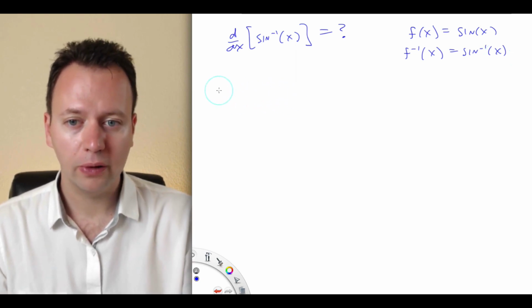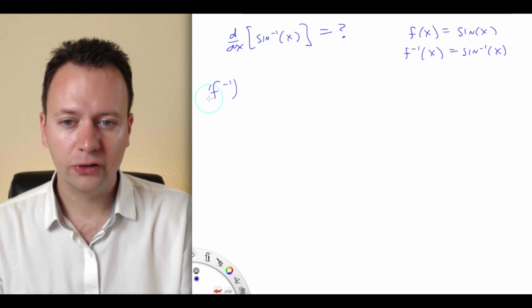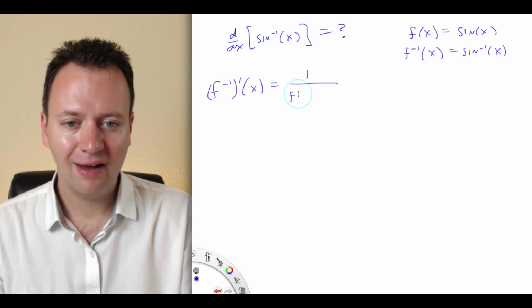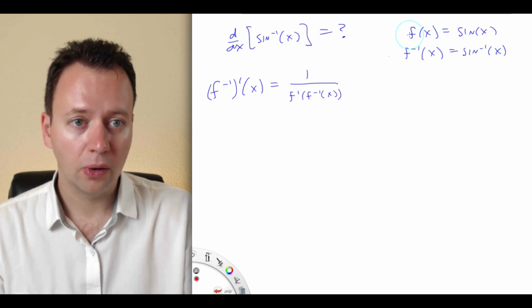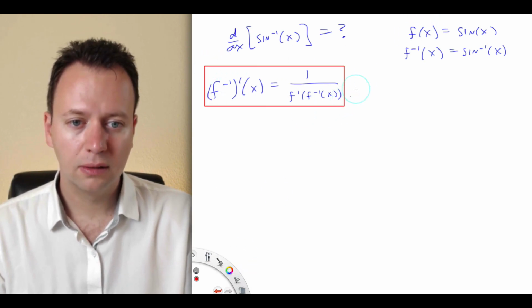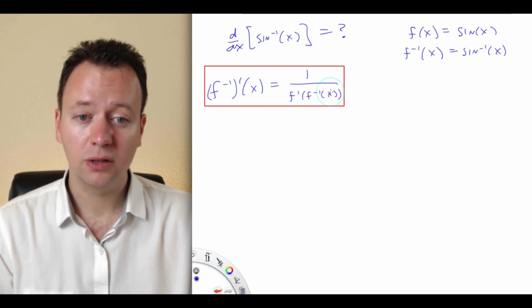And our general rule states that f inverse prime of x is equal to 1 over f prime of f inverse of x. Right, so that's our general rule that we derived in the previous section for derivatives of inverse functions.